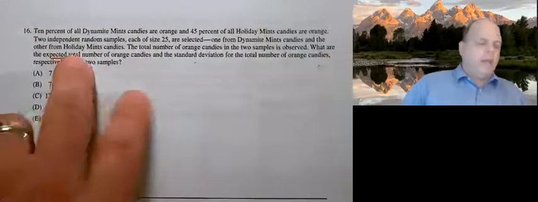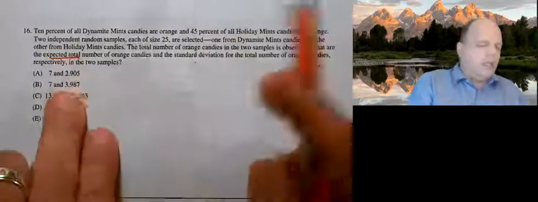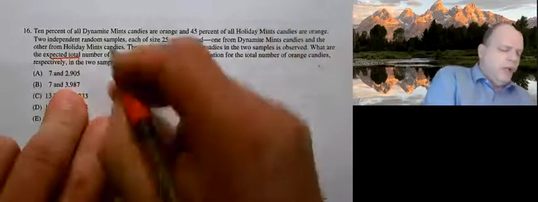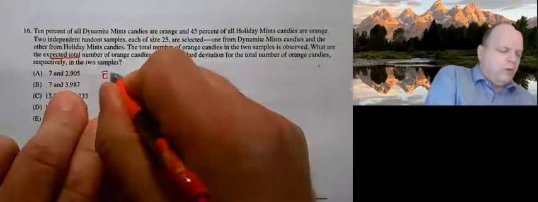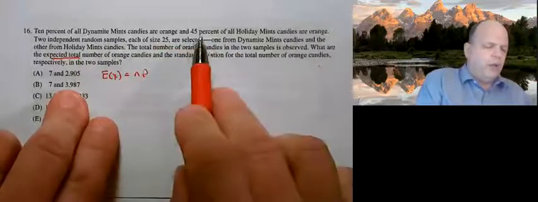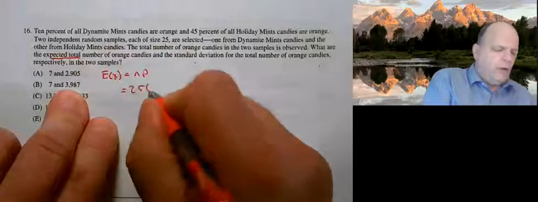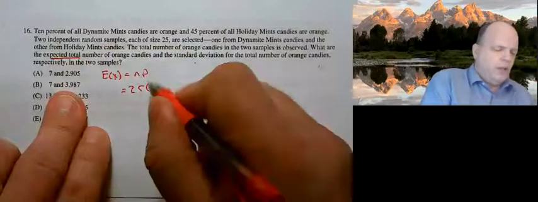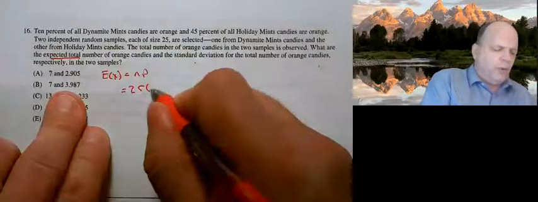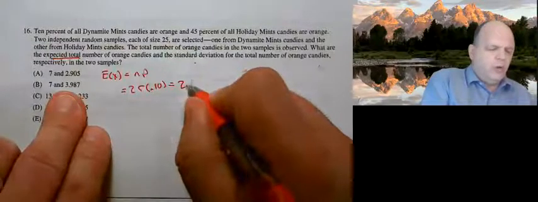Well, since we have a probability and a fixed number, I'm thinking this is kind of like a binomial. And so my expected value is going to be NP. So let's do it for the first one. The first one, we had a sample of 25, and they say 10%. So 25 times 0.10 equals 2.5.